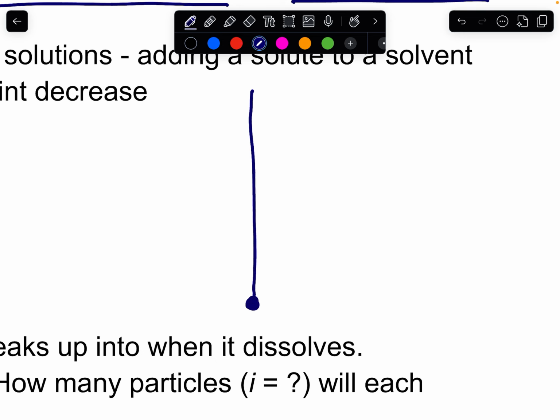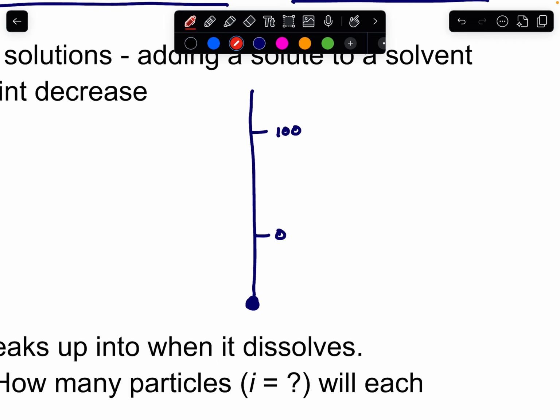So if I draw a picture of a thermometer over here, there's my thermometer. Water freezes at 0 degrees Celsius and it boils at 100 degrees Celsius.